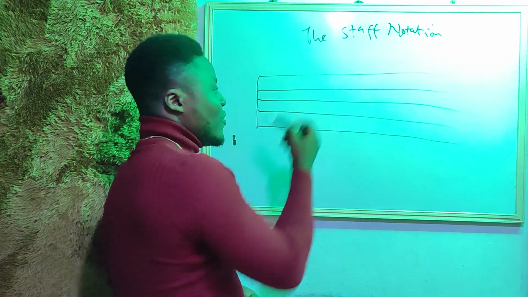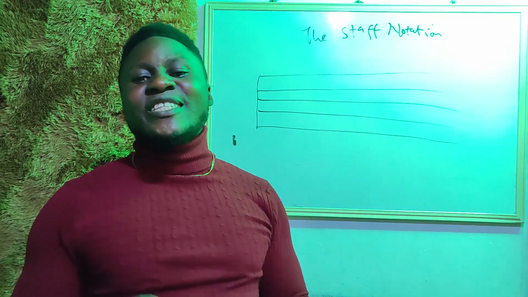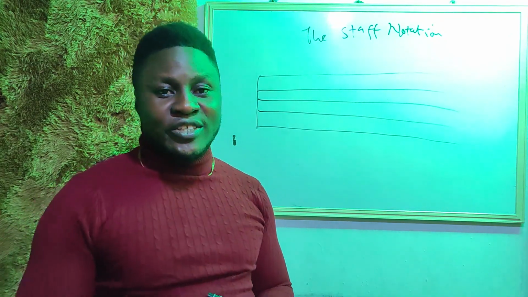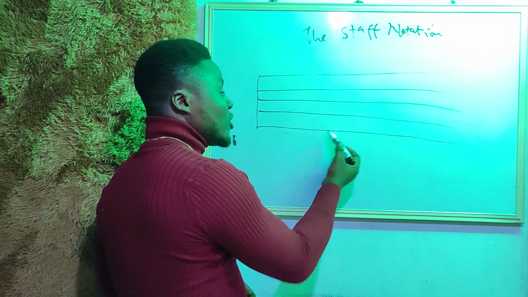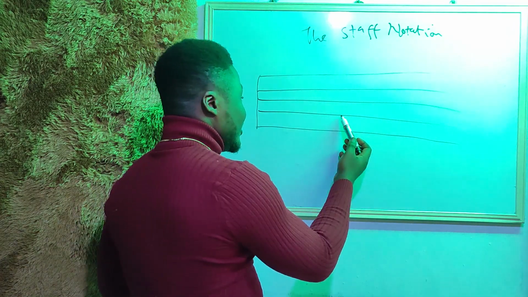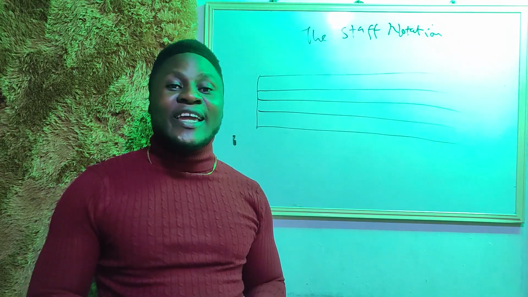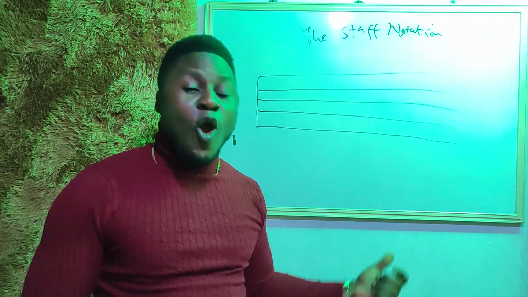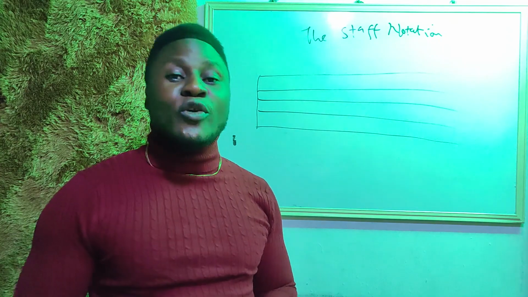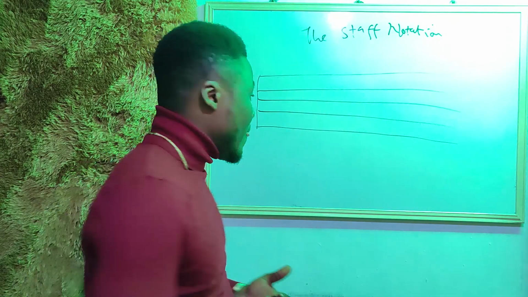1, 2, 3, 4. Every line and space on the staff indicates pitch. This represents a particular pitch, this represents another pitch, and so on. Secondly, every space below or above the staff also represents pitch.